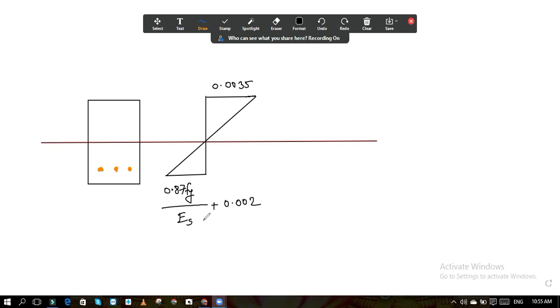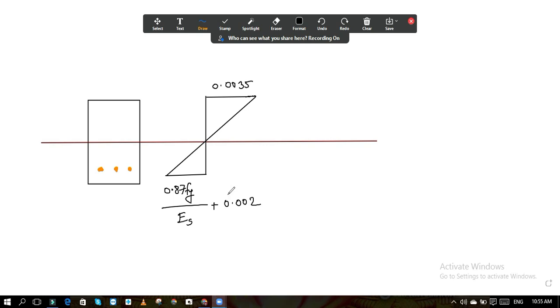This is for Torr steel. If Torr steel is used, then plus 0.002. I have already explained this while teaching you the graphs. We have seen the graphs of mild steel as well as Torr steel. So this is your maximum tensile strain.